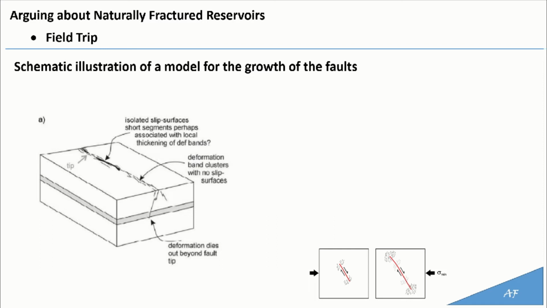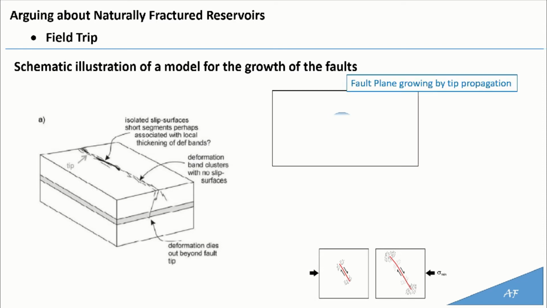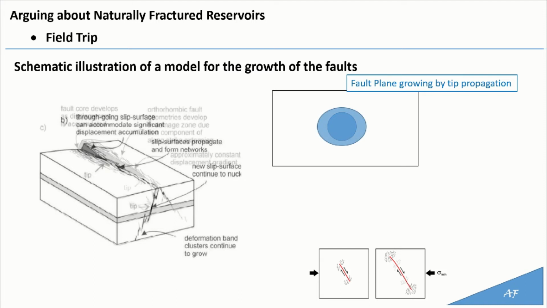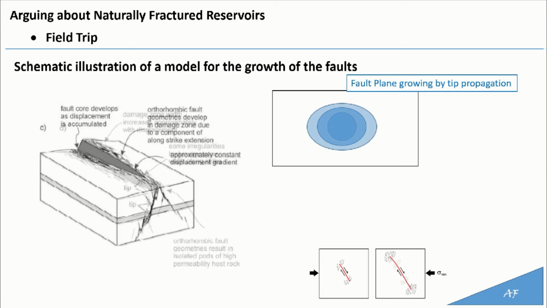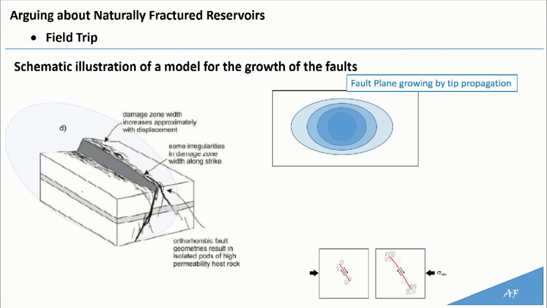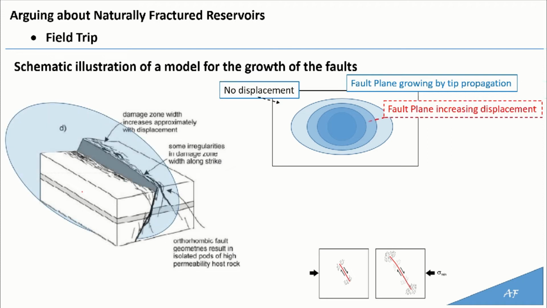However, the generation of off-fault damage zone can be schematically described as a migrating process during fault formation. So, the fault plane grows by tip propagation, with the fault plane increasing displacement.